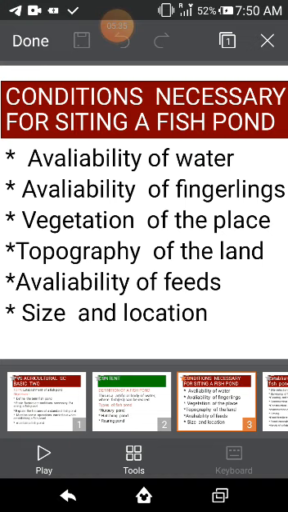Location of market. For peasant farmers, the distance from the pond to the market must be near because of the inadequacy of storage and processing units. In a commercial farm, the distance between the market and the pond does not matter since processing and storage units are always available.